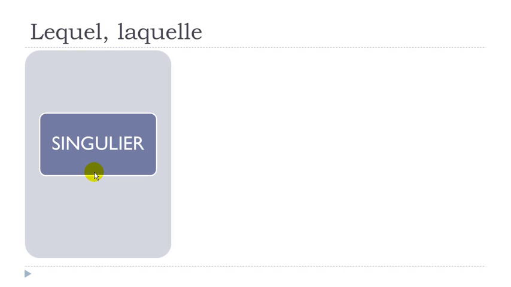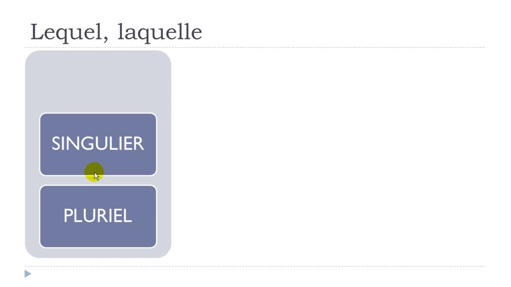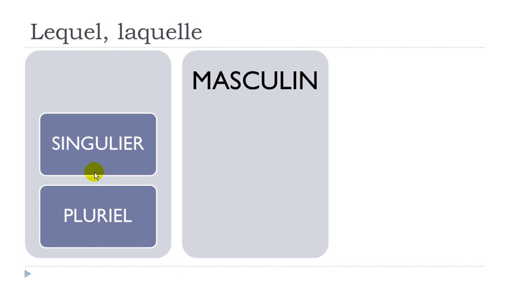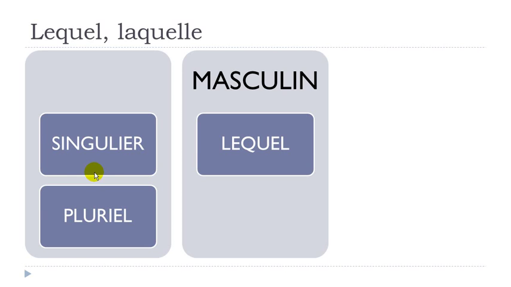So let's see now the singular form and the plural form. So the first form that we'll see will be the masculine. So it will be, as we saw, lequel, okay? So remember, you've got to pronounce it lequel, even if you've got this QU, okay? Remember that this U phonetically doesn't exist, so lequel.